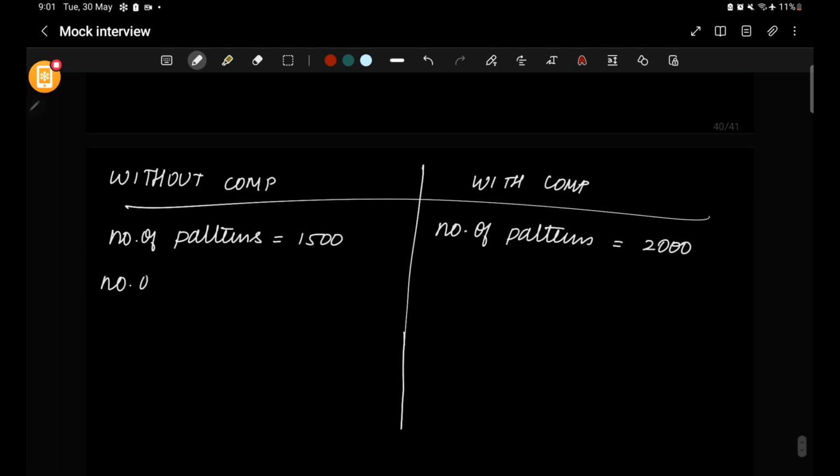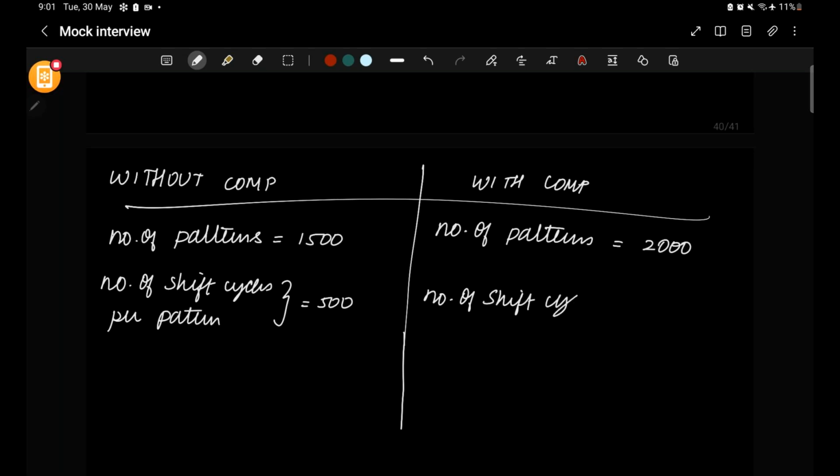But the number of shift cycles per pattern will be around 500 without compression, and with compression it will be around only 50.